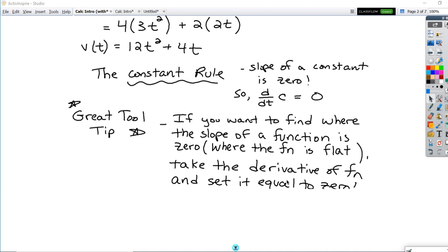Because when we talk about slope and derivative, those are basically interchangeable. So if you're looking to find the value where the slope is 0, you take the derivative and you find where the derivative equals 0, because if the derivative is 0, that means the slope is 0. So let me show you an example of where this tip will be helpful.